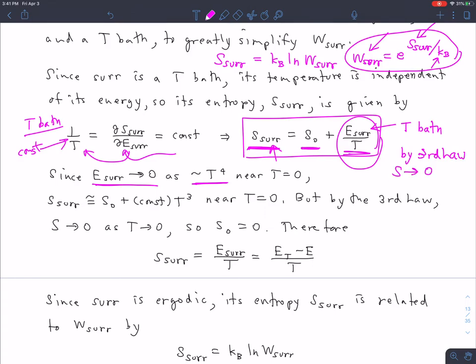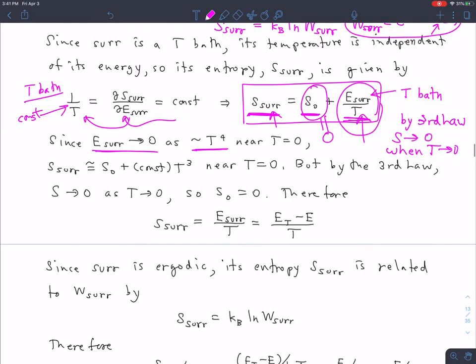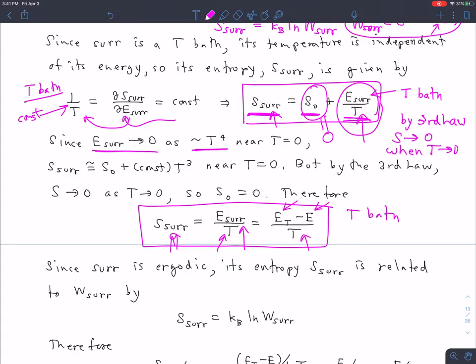Entropy goes to 0 when T goes to 0. And now we see this term also goes to 0, so that means this S_0 must be 0. And so we finally get that for the surroundings, for a T-bath, the entropy of the surroundings is just equal to the energy of the surroundings divided by T, and that means that it's equal to the total energy minus the system energy divided by T.